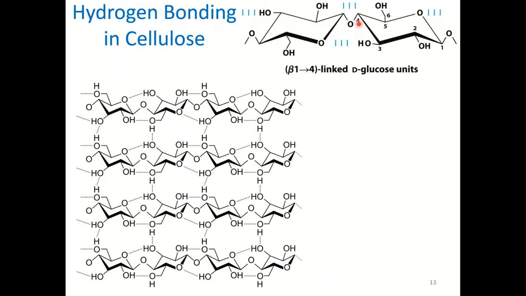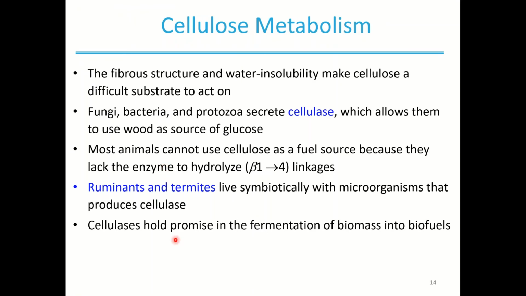We can get hydrogen bonding between adjacent monomers, and also between chains, and those hydrogen bonds make this a very rigid, very strong structural material. The metabolism of cellulose is also a little interesting.